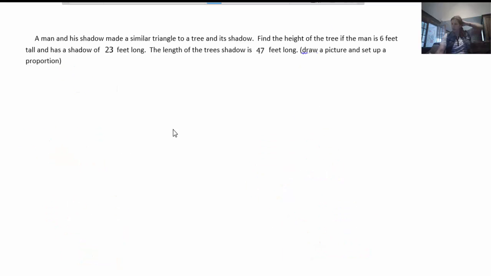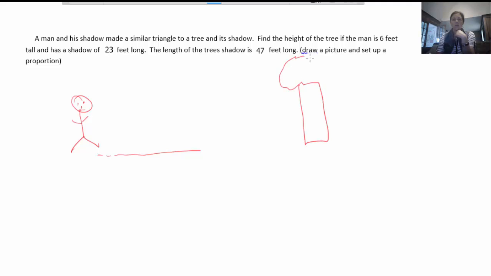On this one, we're actually going to do an activity next week with this. A man and his shadow make a similar triangle with a tree and its shadow. So if we have a man here, he's happy because he's in math, and we have his shadow, and then we have a tree and its shadow.